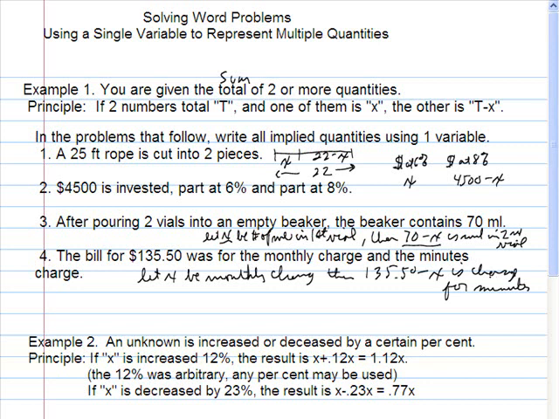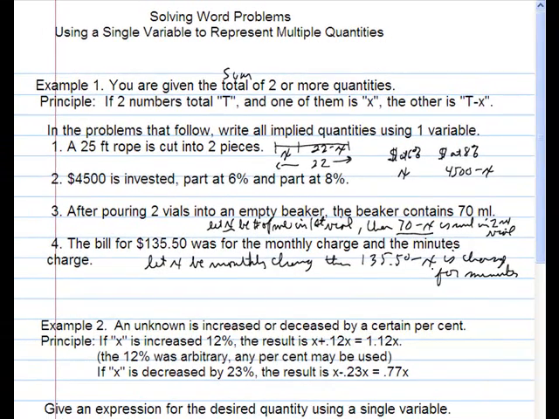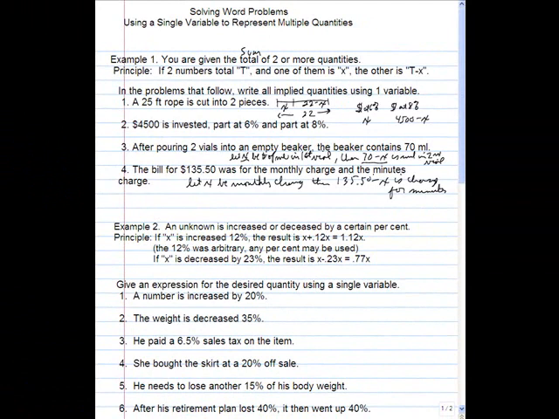Now, if you knew that, for example, the total minutes was 600, you could now do a per minute charge because you've got here the amount of charge for those 600 minutes.